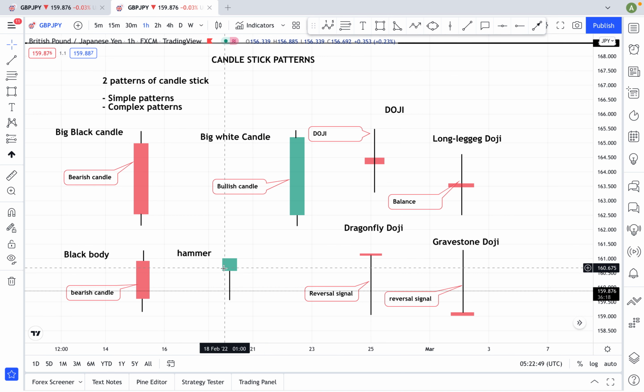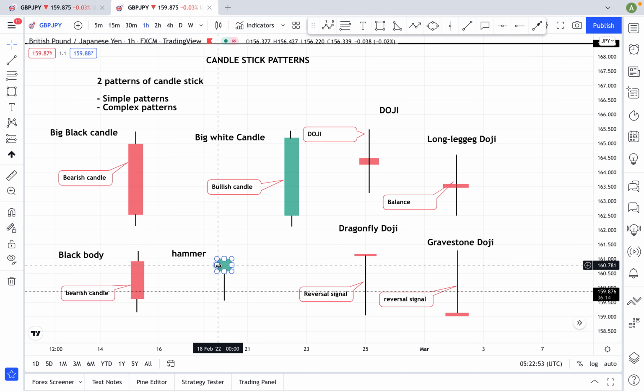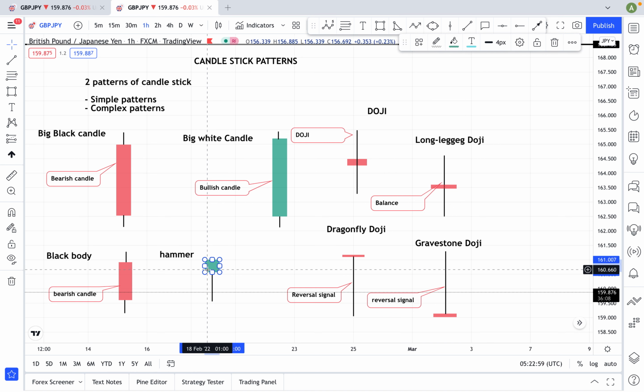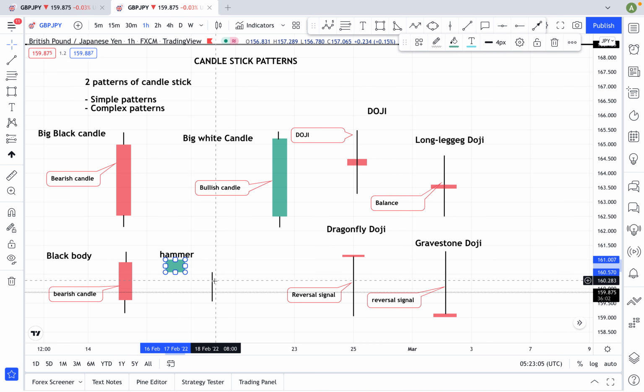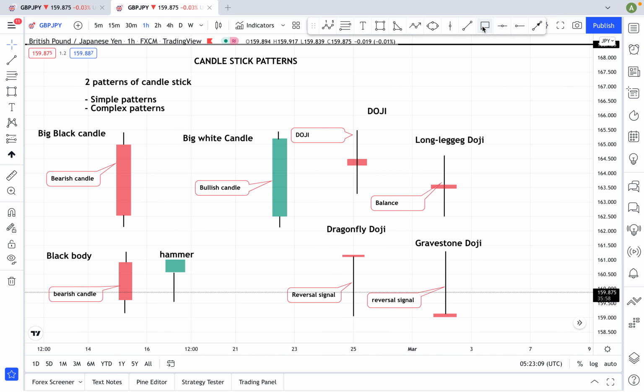Okay, let me draw it somewhere close to here. Oh, how am I going to move this now? Okay, no problem, I'm going to do it like this. Hammer is considered a what? A bullish candle.